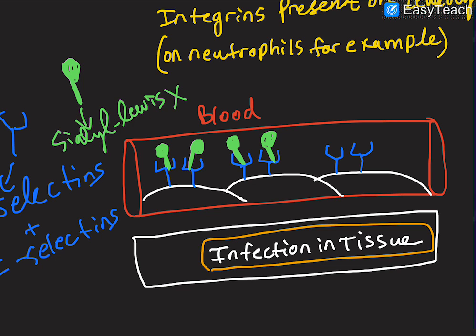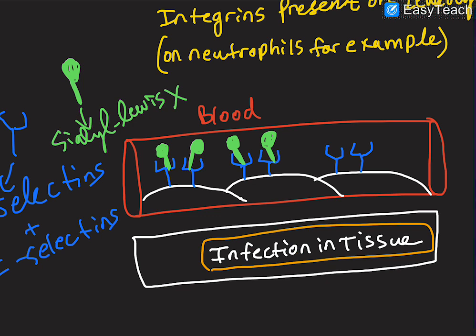All that inflammation actually helps upregulate these selectins onto the surface of endothelial cells. So that's why these white blood cells are going to come over to the site of infection. The first step is rolling, where it's going to bind onto selectins on the endothelial cells via its sialyl Lewis X, and that's going to help the leukocytes slow down near the site of infection.